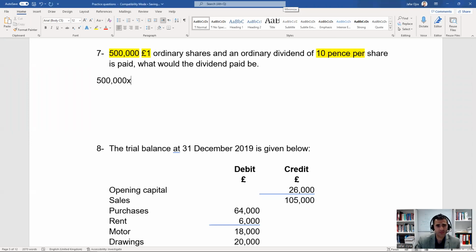You just multiply it by the dividend per share, which is 10 pence. 10 pence means 0.10. Make sure that you don't get confused. 5 pence is 0.05, 10 pence is 0.10. If you calculate this, you should find the answer, which is £50,000.